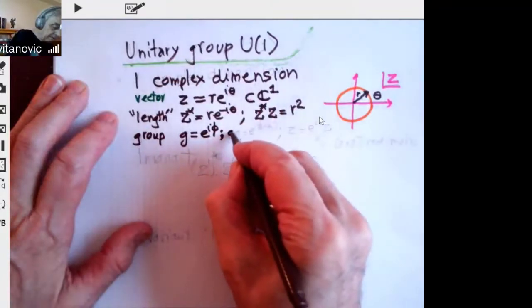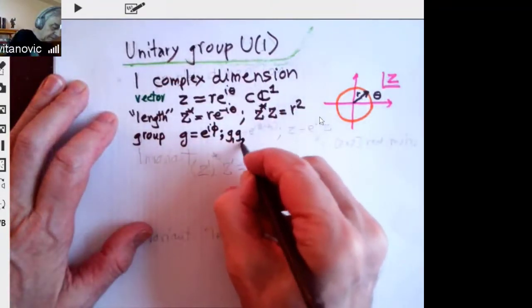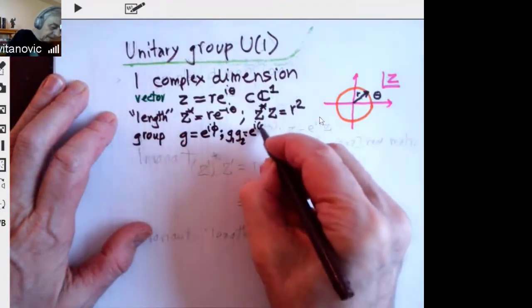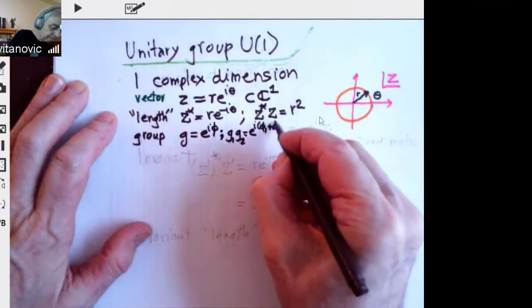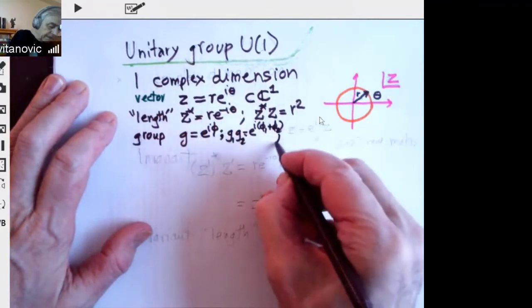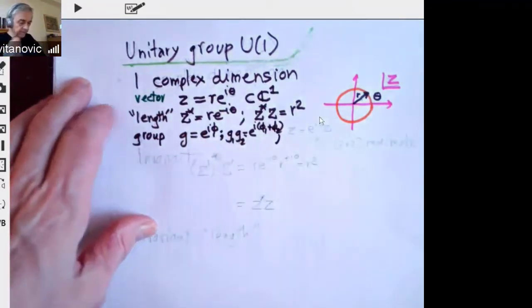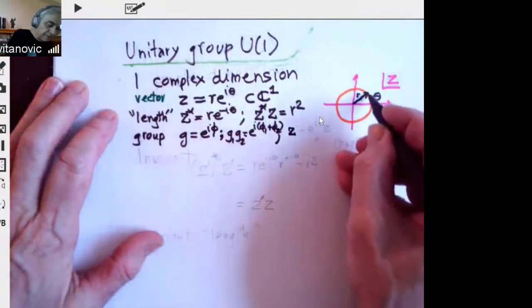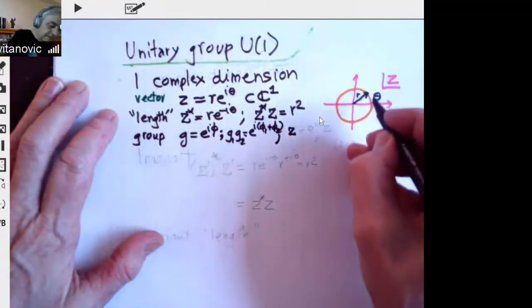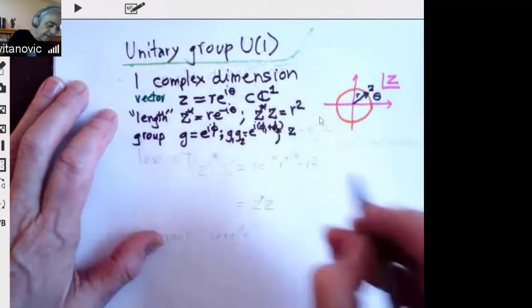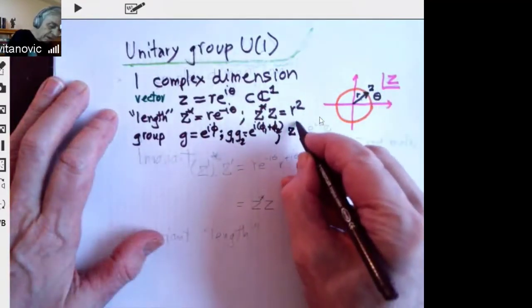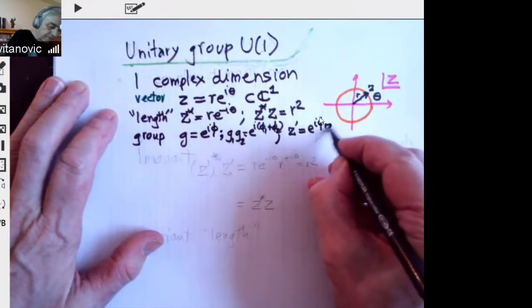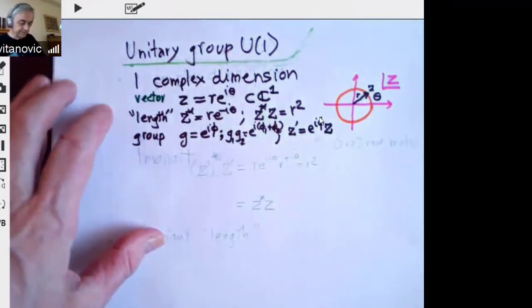And it satisfies group properties. If I multiply two of these guys, their phases add up. So multiplication is addition in the phases. And if I apply it to this number here, Z, I'll get a new number in a complex plane. So it acts on this space by moving things around.